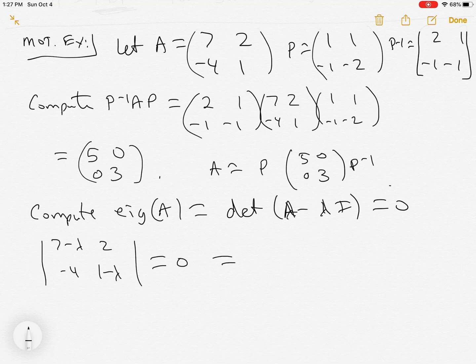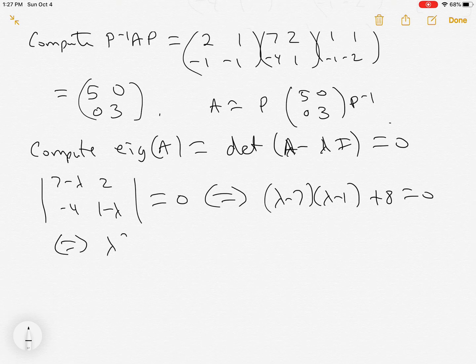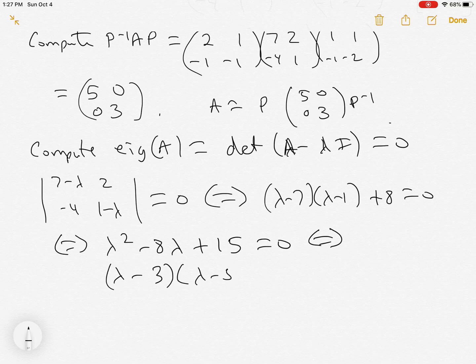That equals 0 if and only if lambda minus 7 times lambda minus 1 plus 8 equals 0, which is true if and only if lambda squared minus 8 lambda plus 15 equals 0, which is true if and only if lambda minus 3 times lambda minus 5 equals 0, which is true if and only if lambda equals 3 and 5, which turn out to be the eigenvalues of A.